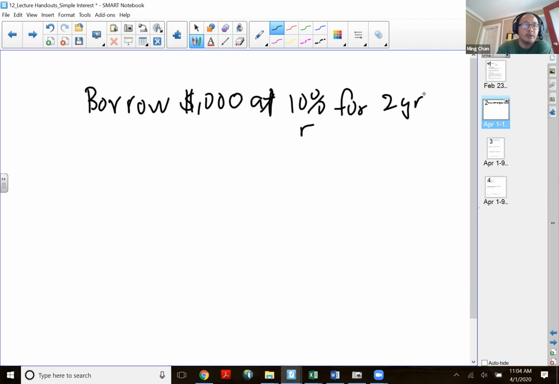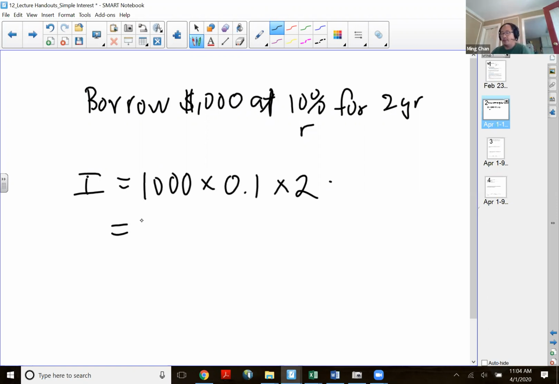To find its interest, that will be 1,000 times 10%, which as you can recall is 0.1, times 2 years. If I put this in the calculator, that should give me $200. So your overall interest should be $200.